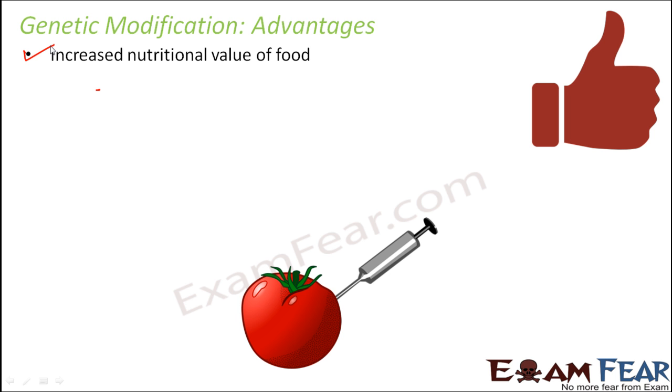So if you know that this gene is responsible for giving more vitamins to that particular food, you can just insert that particular gene. In this way you can increase the nutritional value of the food. For example, there are different genetically modified varieties of rice which are enriched with vitamin A. So that is an advantage, that you can eat that rice and you can get additional vitamin A.